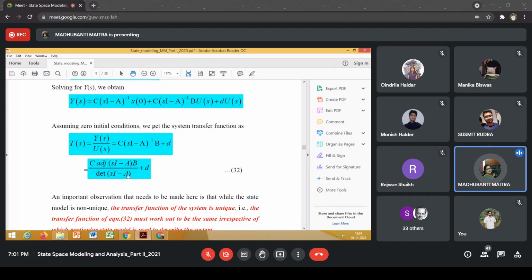And if we assume that the system matrix has terms like a1, a2, a3, etc., then determinant (sI minus A), if we expand this, will give one nth order polynomial which is a function of s.